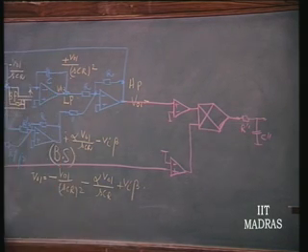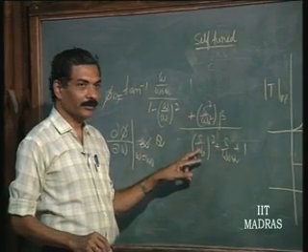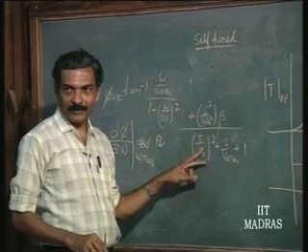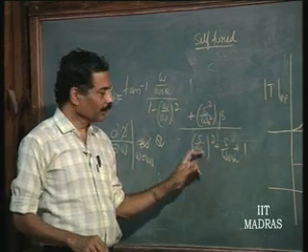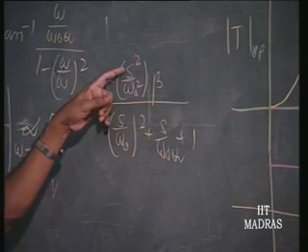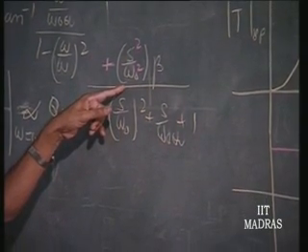Since I have taken the high pass output, which corresponds to plus s squared by omega naught squared, you can see that if it is exactly tuned to omega naught, that is, the incoming frequency omega is the same as omega naught, this will get cancelled and I will get a phase shift of 90 degrees, exactly at that frequency.